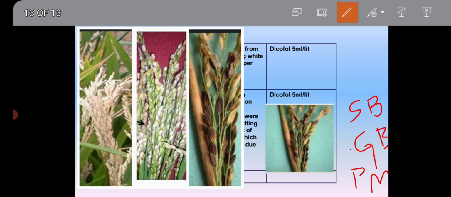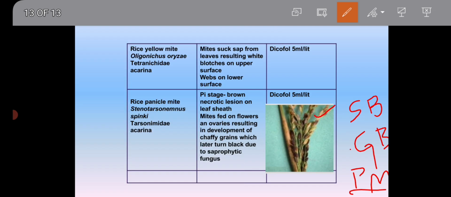In case of rice gundhi bug, only few grains on which the bug has sucked the sap have become chaffy, and we can see the brown spot at the feeding site. In case of panicle mite also, only few grains have become chaffy, but you can see a black color development of the saprophytic fungus. So in this way you need to differentiate these three pests.